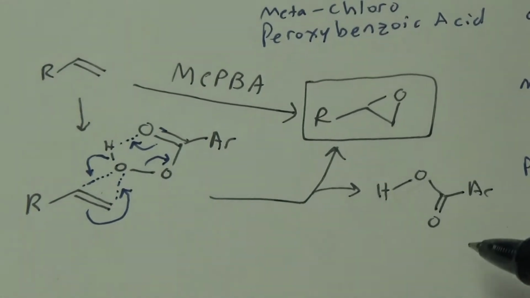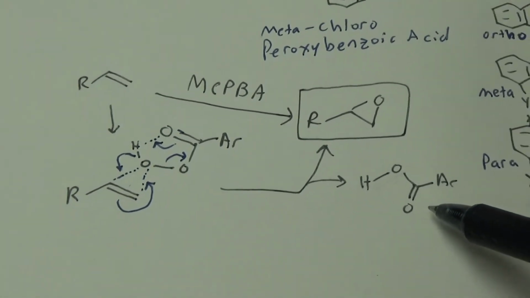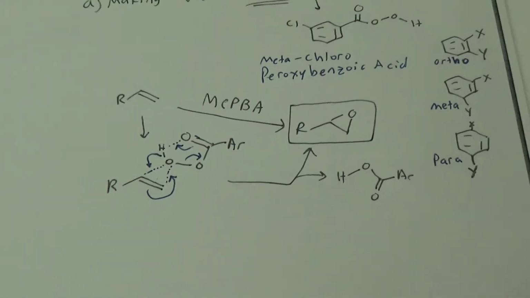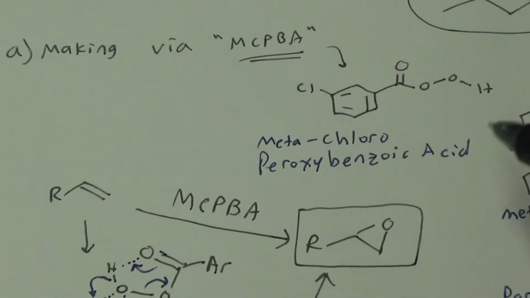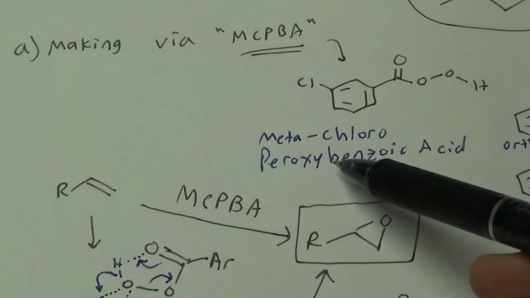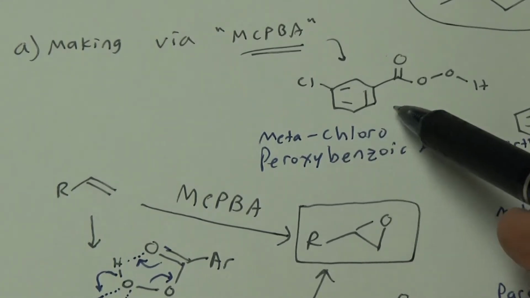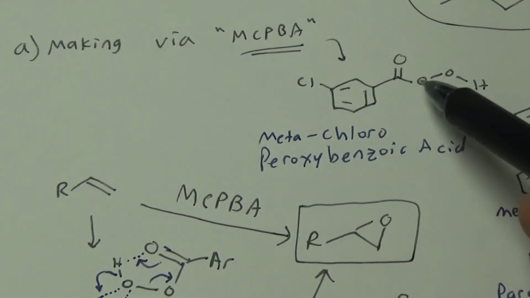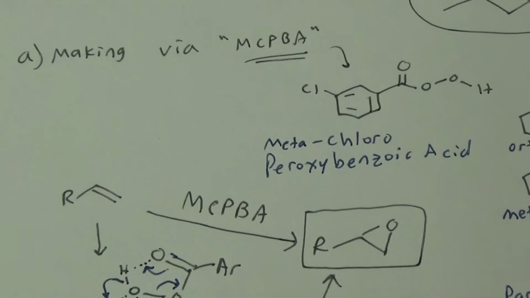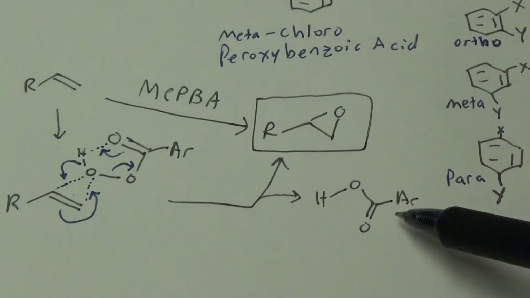And what is that functional group? It's a carboxylic acid. So the net reaction converts a peroxybenzoic acid, which is this weird OOH carboxylic acid, to a normal carboxylic acid.